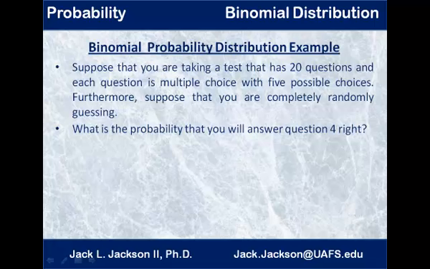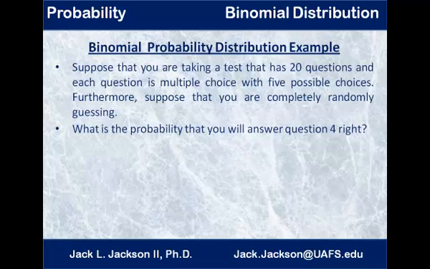Alright, let's put this to work and see if we can try another example. Suppose you're taking a test that has 20 questions and each question is multiple choice. And each one has 5 possible choices. Now, I hope this never happens to any of you, but suppose that you're going in, you know absolutely nothing about the subject, and you're just completely randomly guessing. What's the probability that you will get specifically question 4 right?